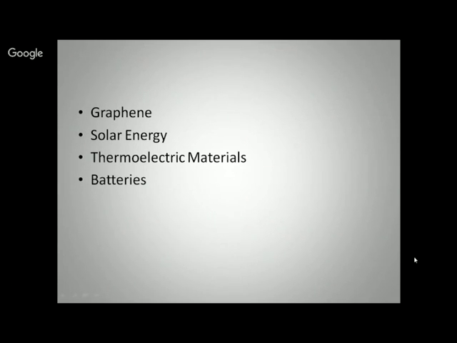One important thing is thermoelectric materials. Every machine you are using generates some heat, and that heat is wasted. If we can convert that heat into some sort of usable energy, the materials that do this are known as thermoelectric materials.